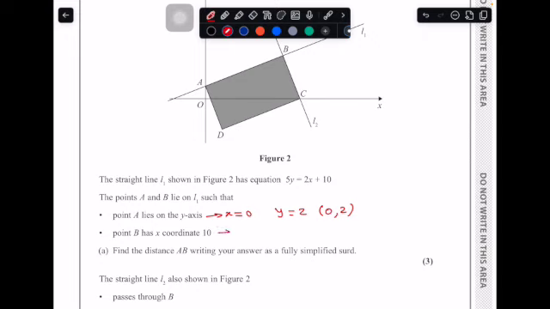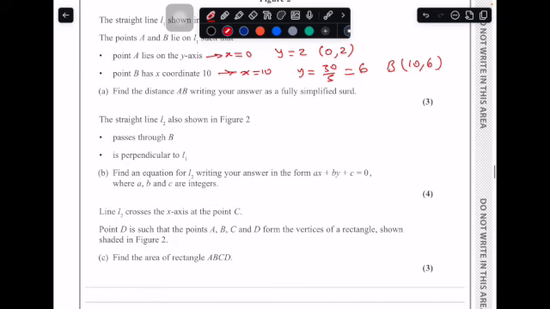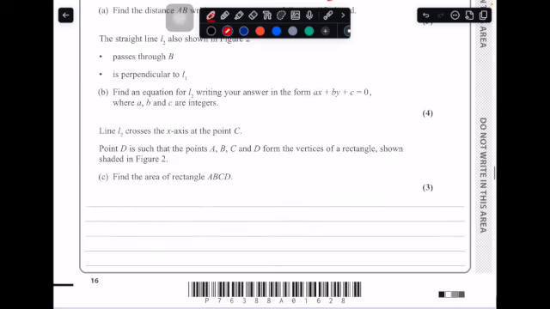Point B has x coordinate 10. So when x is equal to 10, y is equal to 30 over 5, which is going to be 6. So point B is 10 and 6. Piece of cake so far. Find the distance AB, writing your answer fully simplified. The distance between A and B: AB is equal to square root of x2 minus x1 squared plus y2 minus y1 squared.